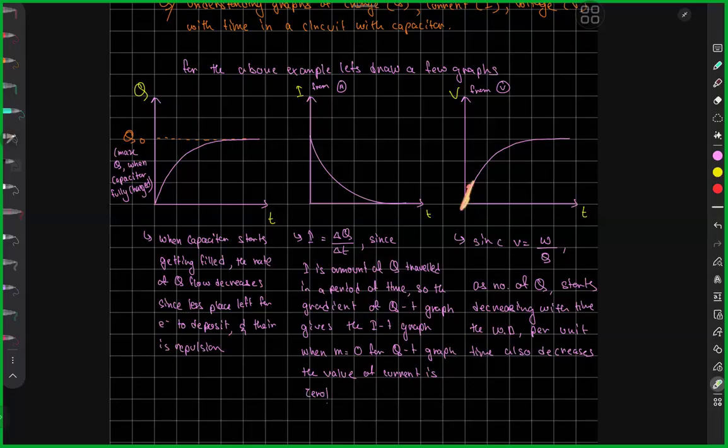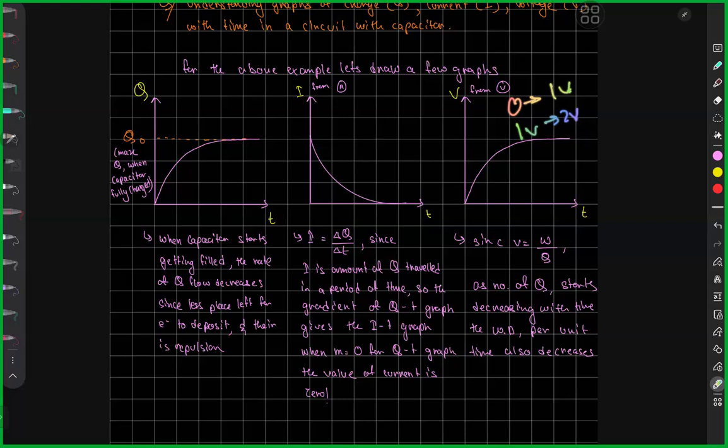Initially you have a high rate of voltage buildup. When it's going from 0 to 1 volt, it is happening rapidly, within a short span of time. The same increase from 1 volt to 2 volt takes a lot more time. It's still an increase of 1 volt, but it takes more time. Why?